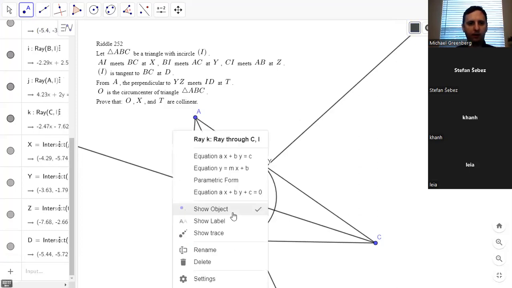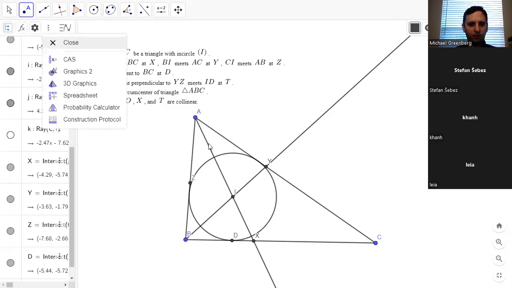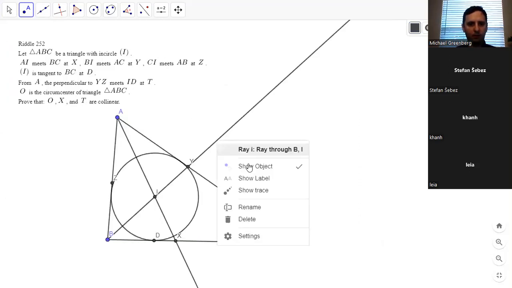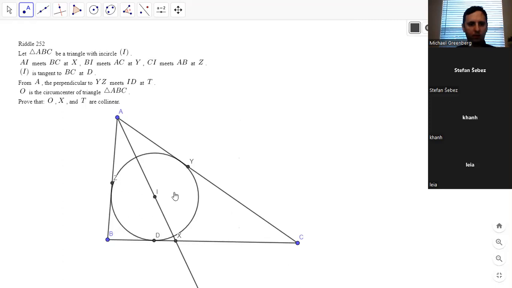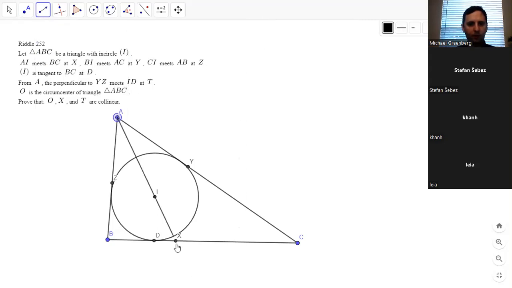Let me hide these and close this. All right. So those are the 3 angle bisectors.